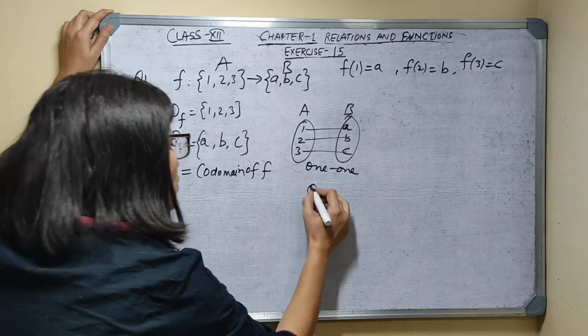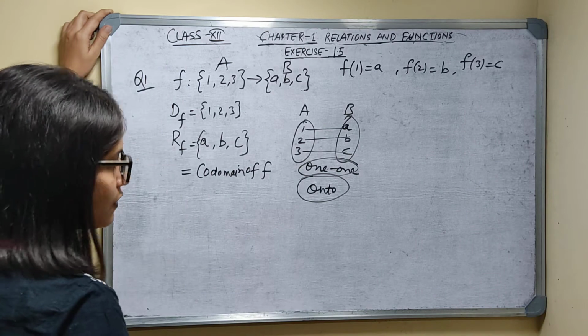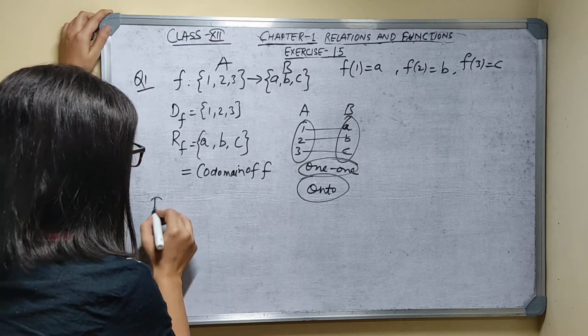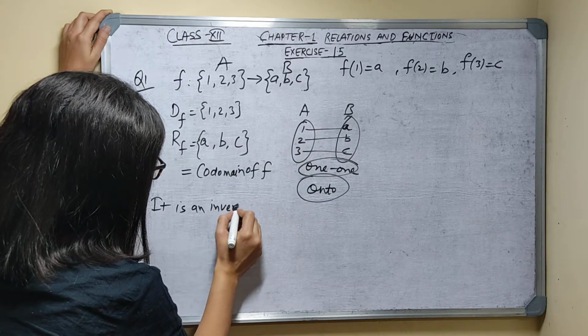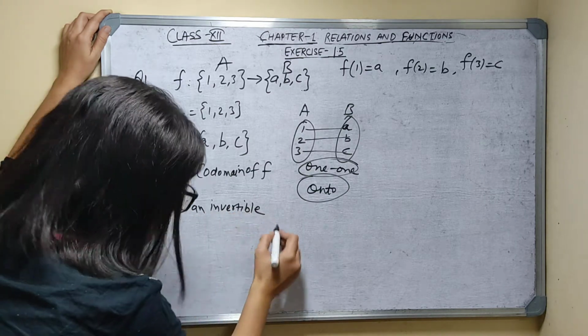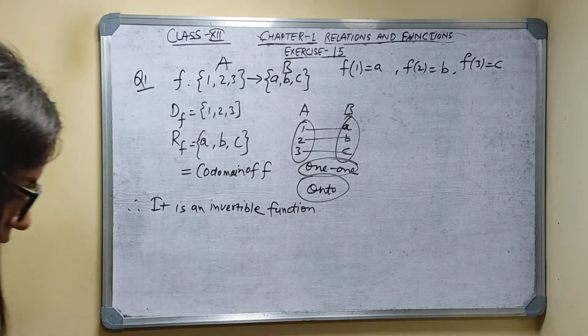So I can say this is onto also. Both conditions are satisfied. This is one-one and onto function also. Hence proved that it is an invertible function. Is it clear? It is an invertible function.